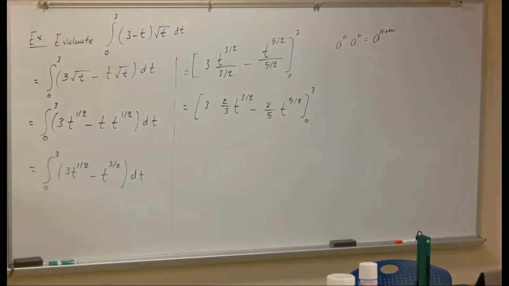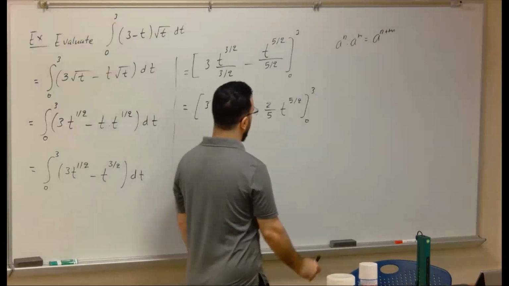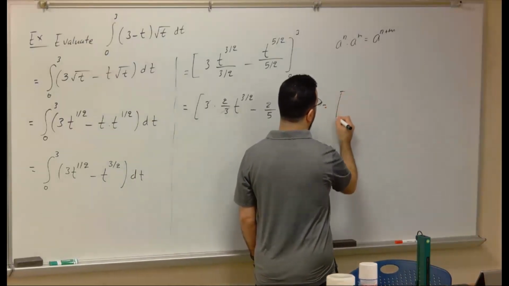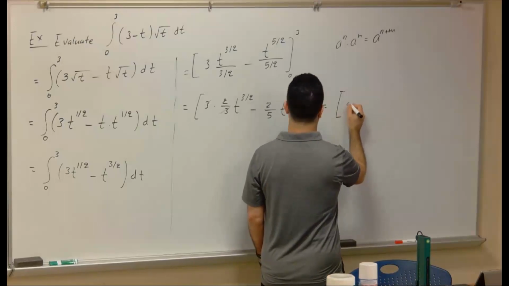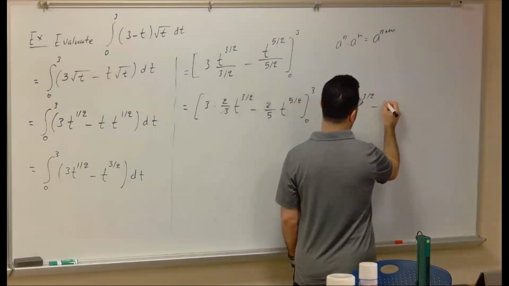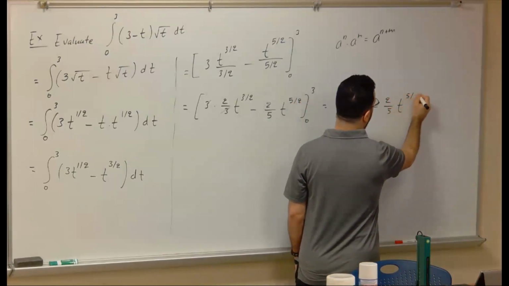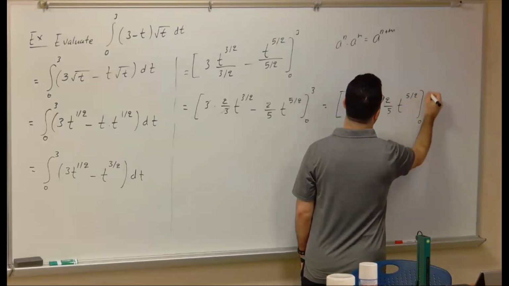Yes or no? What's the next step? Simplify this one. So it's going to be 2t to the 3 over 2 minus 2 over 5 t to the 5 over 2, from 0 to 3.